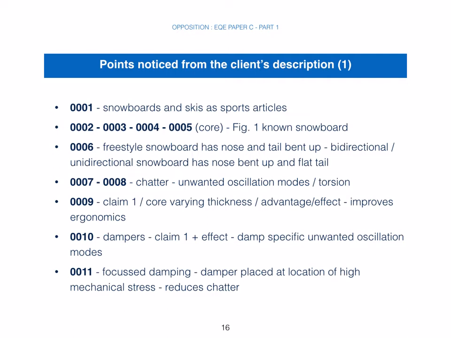Paragraph 10 talks about dampers. It's related to claim 1, and the effect is damping specific unwanted oscillation. Paragraph 11 talks about focused damping, where the damper is placed at a location of high mechanical stress, which reduces chatter.